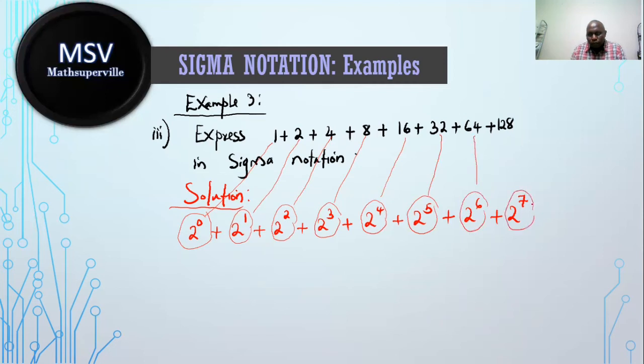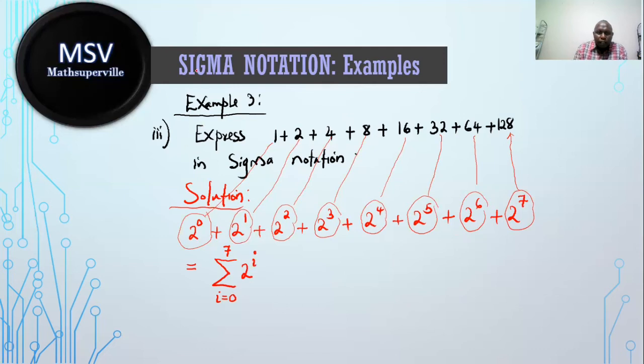You can put each of these into your calculator and you'll realize they are the same. So how many quantities are we summing up? 1, 2, 3, 4, 5, 6, 7, 8. So there are 8 quantities, and I will use the exponents as our indices. So I will say our i goes from 0 to 7, and we are summing 2 to the power of i.